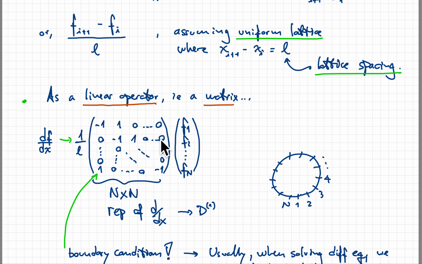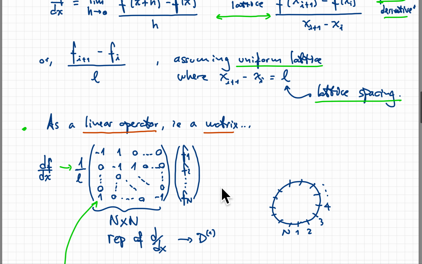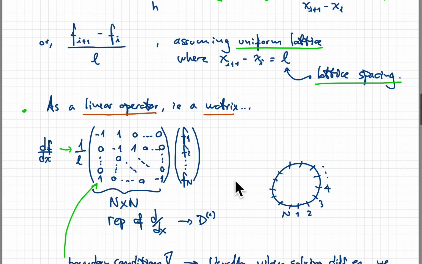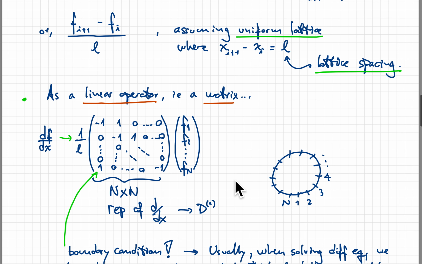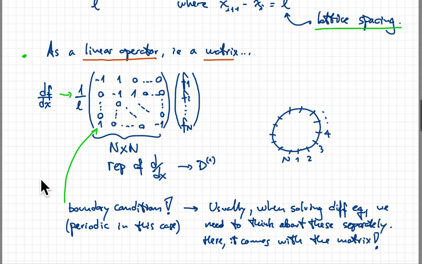And then the next one over would be f3 minus f2 divided by L, so minus f2 plus f3 divided by L, and that will give you the next component of the derivative, and so on. And when you get to the end, what you will have is minus fn plus f1, the whole thing divided by L, and that will give you the quantity corresponding to the last point, assuming periodic boundary conditions. And so this is then a representation in matrix form of our first derivative operator.